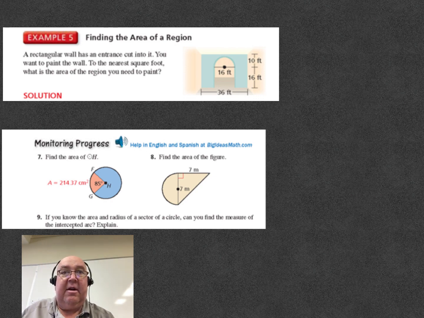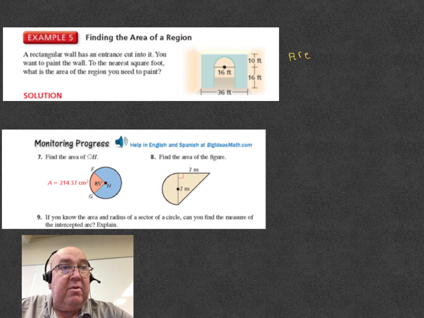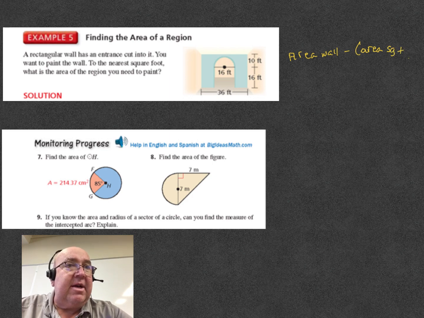Lastly, we have a couple of problems. For the first problem, we're going to find the area of the rectangle, the large part of the whole wall, area of wall, and it's going to be minus the area of the square part inside the wall, and added to that the area of the half circle or semicircle.